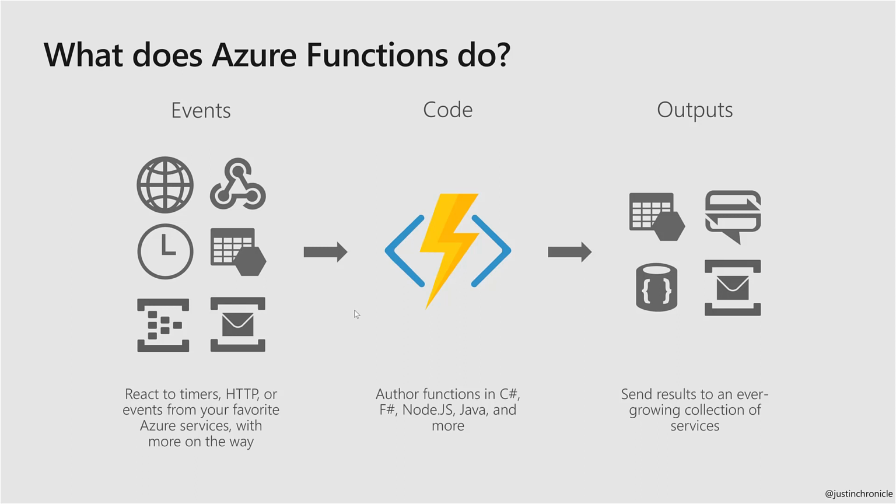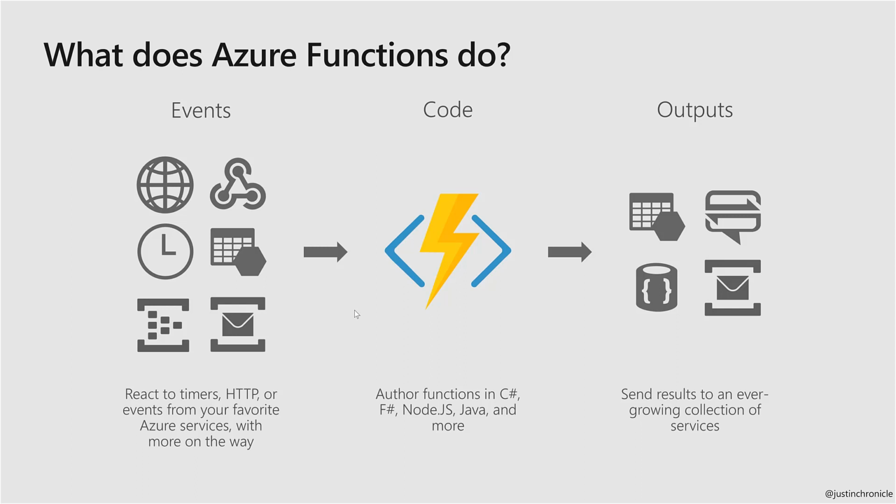The input side is the event. Any event can execute function code. An event can be, as I said, an HTTP trigger, webhook, timer, blob storage, event hub, or service bus message. All sorts of things can be an event, right?